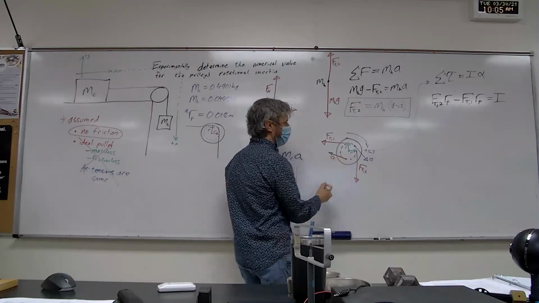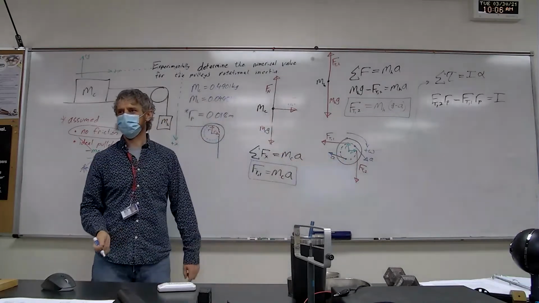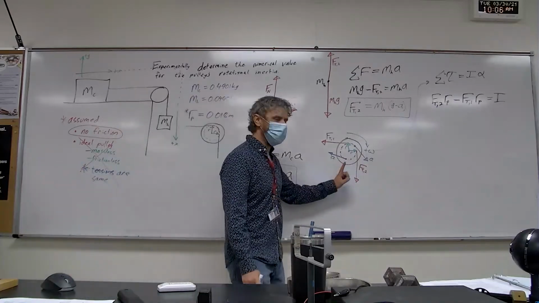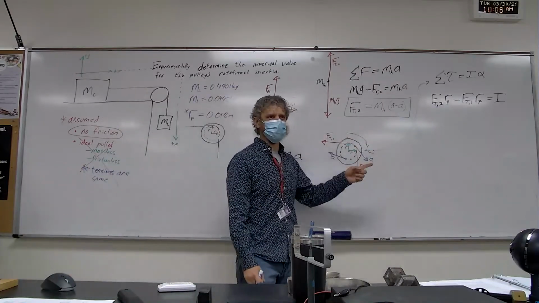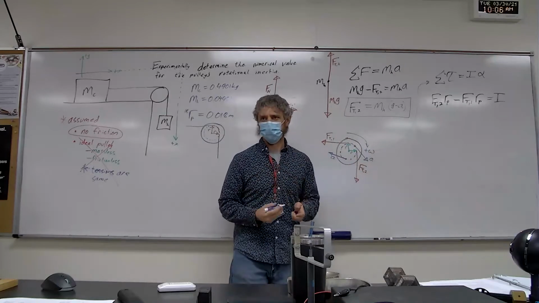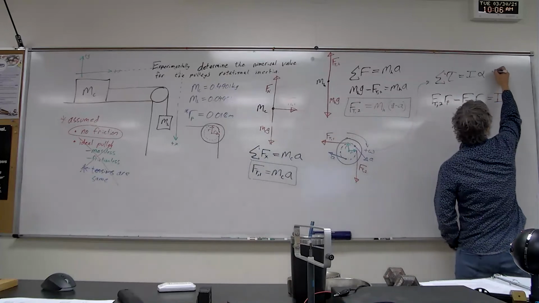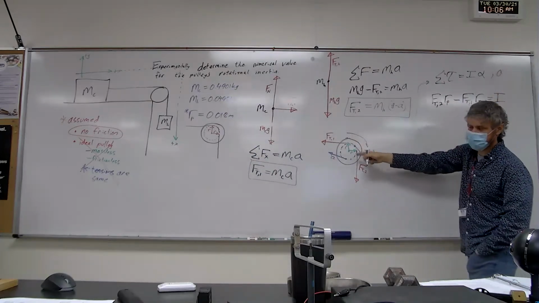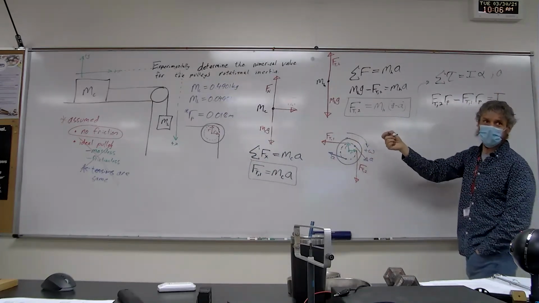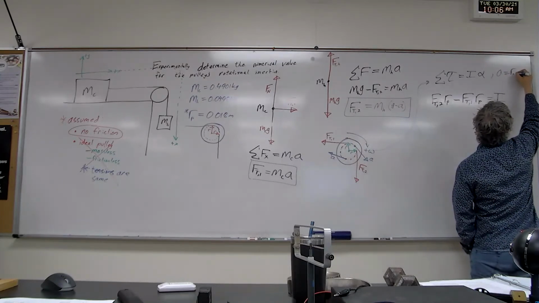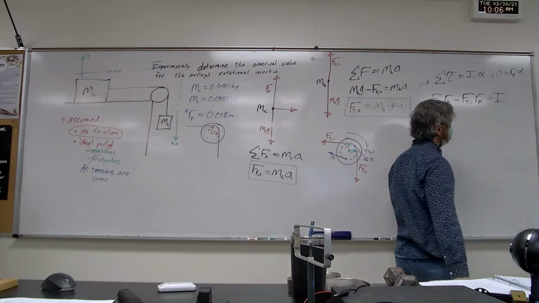And we know how to relate the angular acceleration, angular velocity, or angular displacement of a point on a rotating object to the corresponding linear variables, using equations such as: the linear acceleration of the string as it's on the pulley, or any point on that pulley at that distance, is equal to the radius times the angular acceleration.